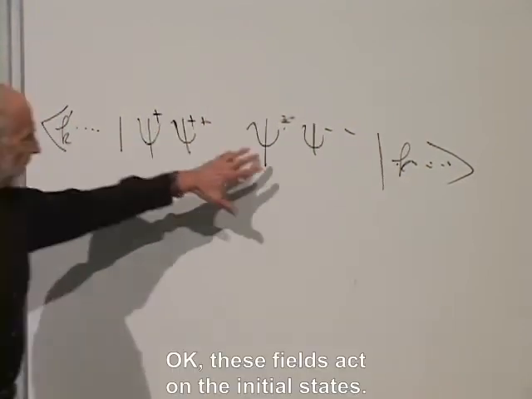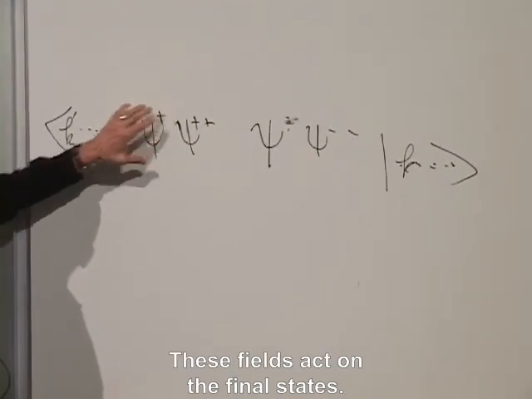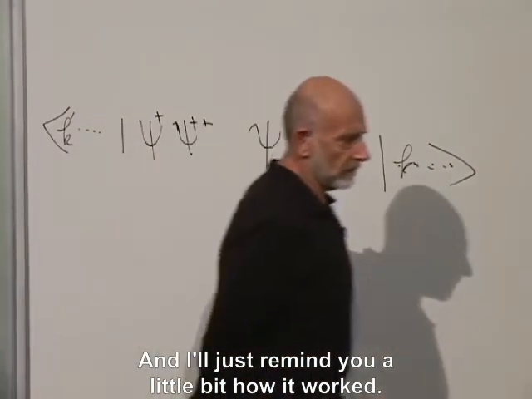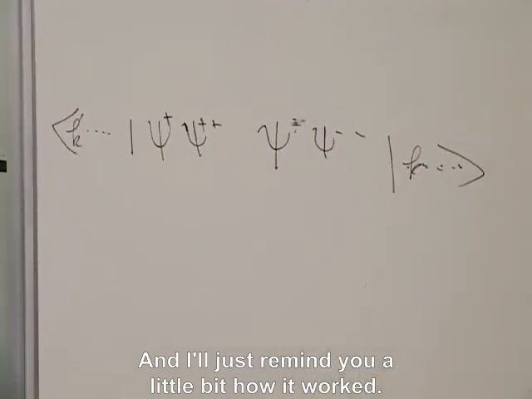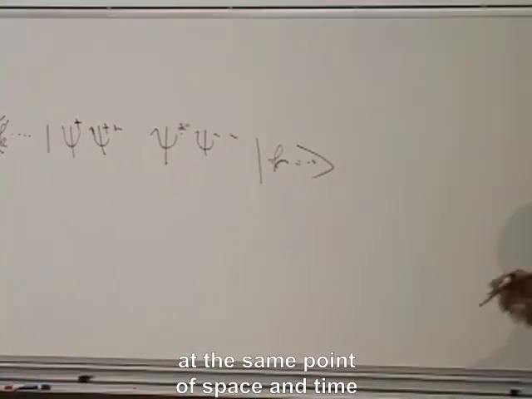Okay? These fields act on the initial states, these fields act on the final states, and I'll just remind you a little bit how it worked. We said, supposing all the processes take place at the same point of space and time.